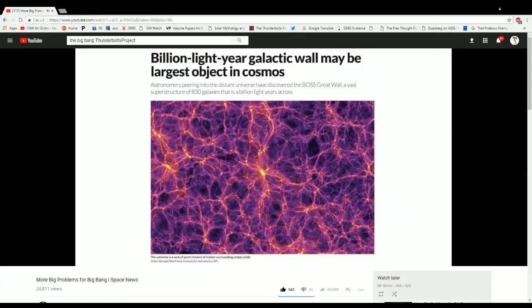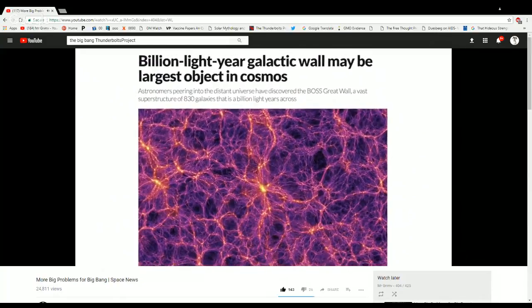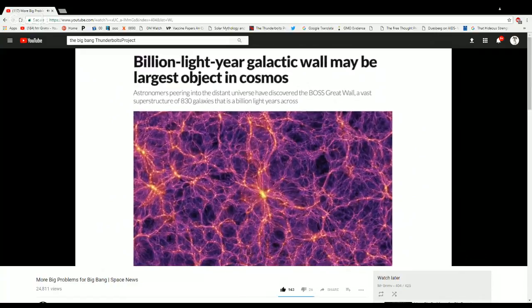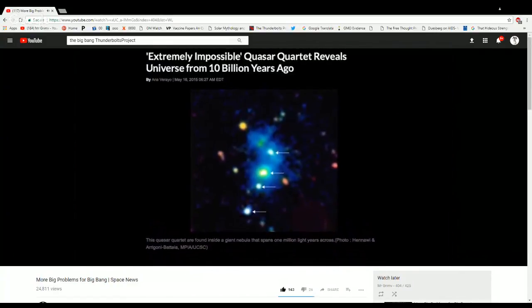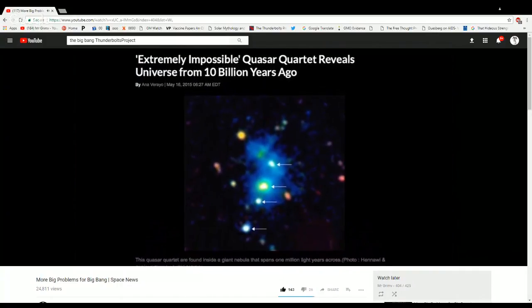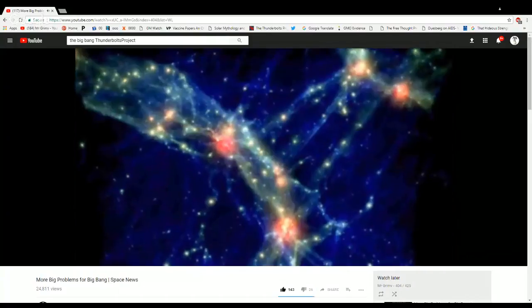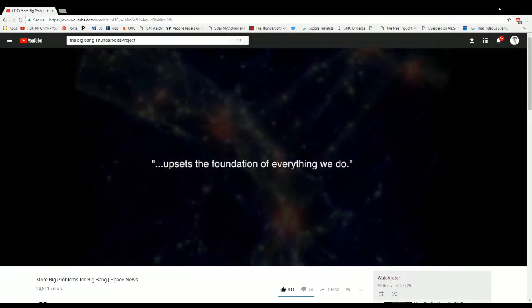At the other end of the spectrum from so-called vast cosmic voids are objects that appear impossibly huge. One such object, the quasar cluster Huge-LQG, is supposedly so enormous it would comprise about 5% of the visible universe. As one astronomer said of the discovery, it "upsets the foundation of everything we do."